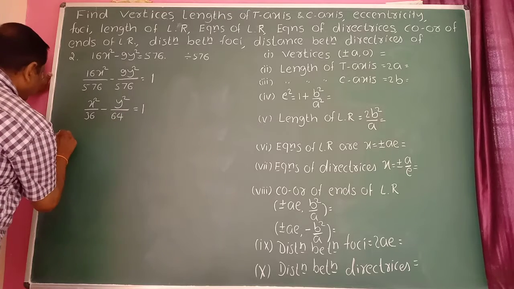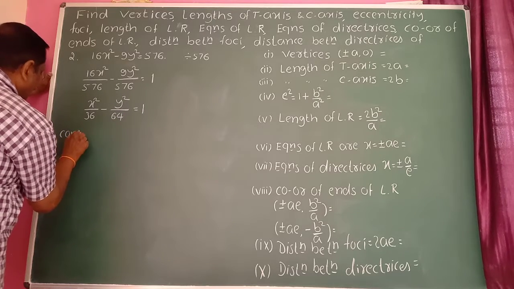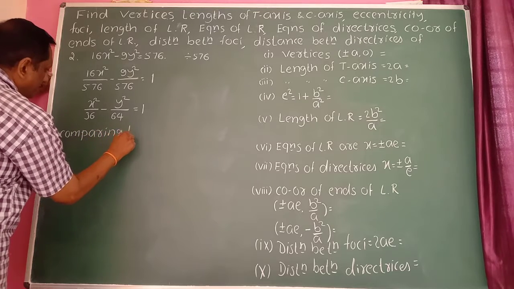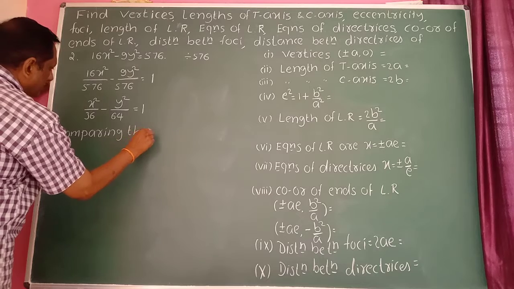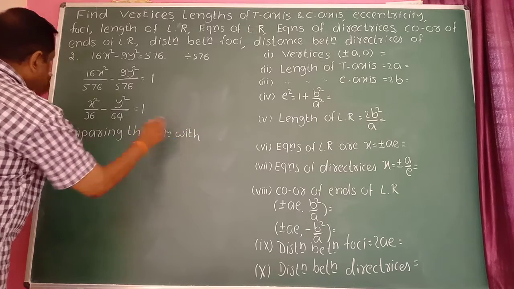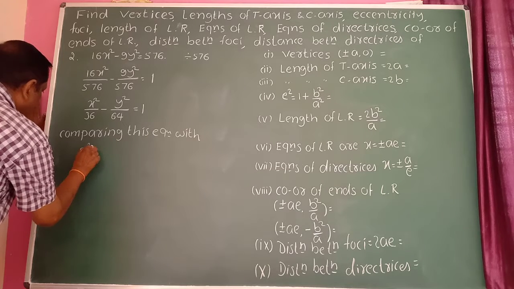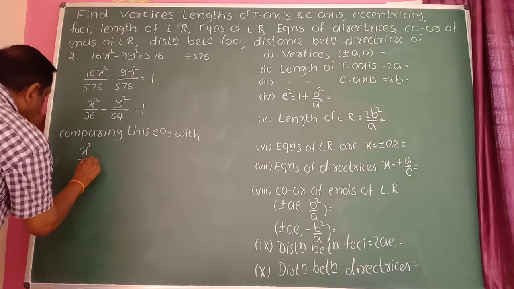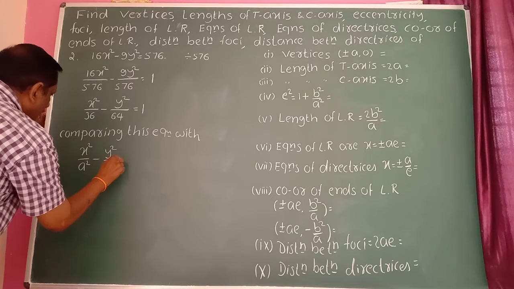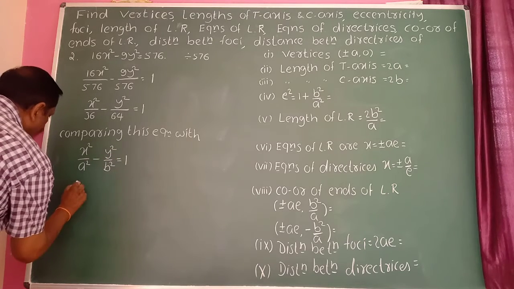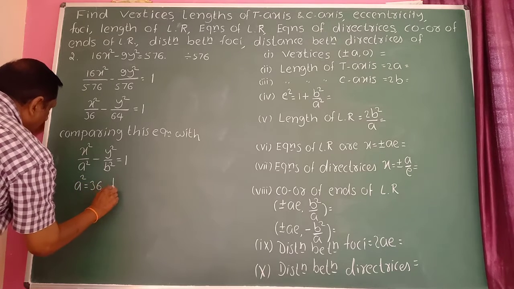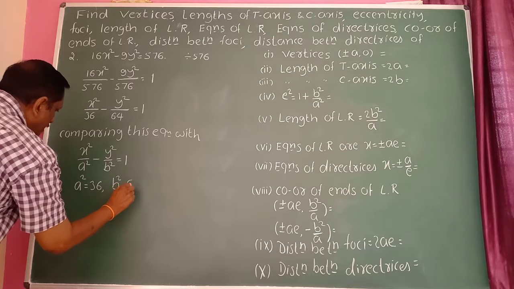Therefore, comparing this equation with x²/a² − y²/b² = 1, a² is equal to 36 and b² is equal to 64.